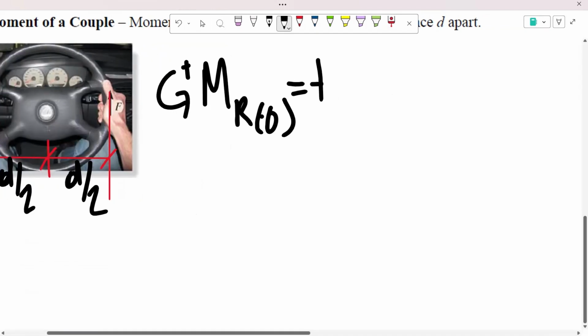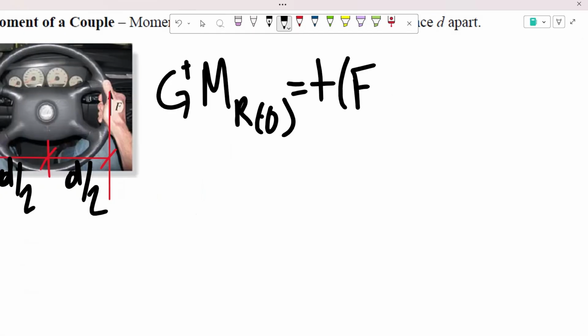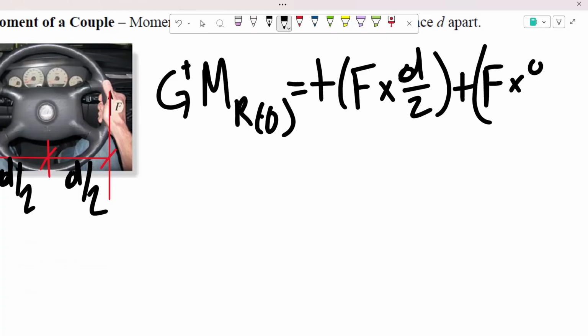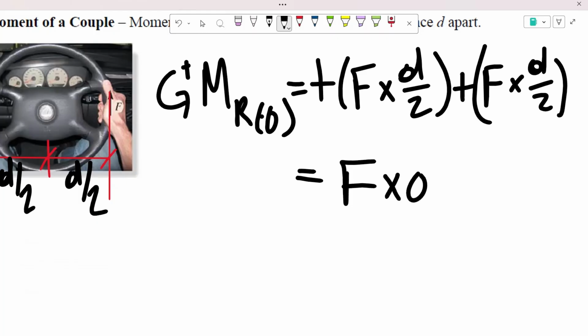So we would get a positive, the first force going upwards, so the force times d over 2, plus another force times d over 2, which in other words is the same as the force times the distance.